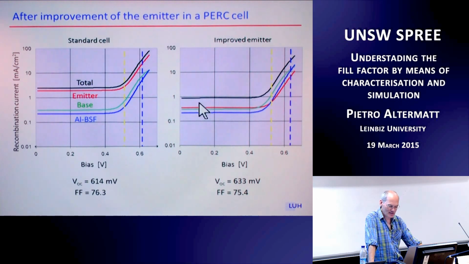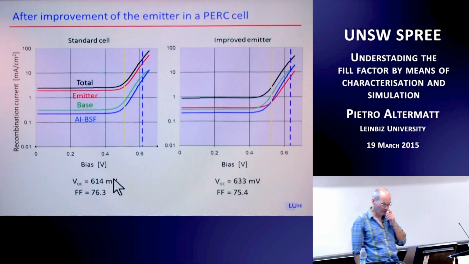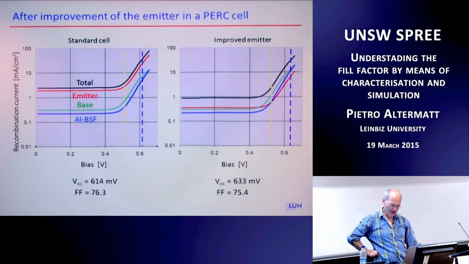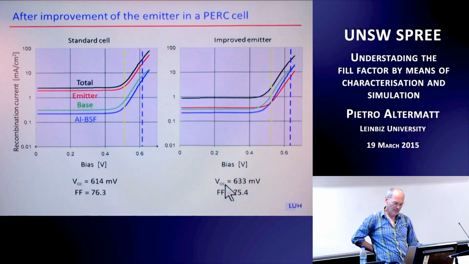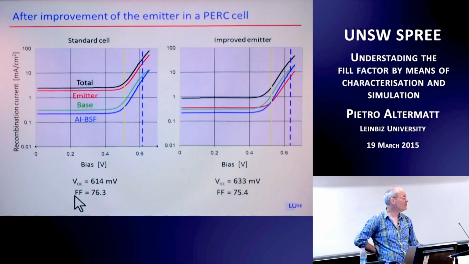You see that these current curves change quite a bit. And now you improved the emitter. That means your VOC that was limited by the emitter before is now really higher. You go from 614 to 633, which is not very high, but it's still an improvement. And your fill factor, and here we are back again to the fill factor, drops.